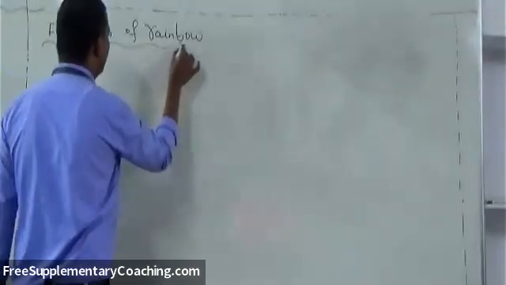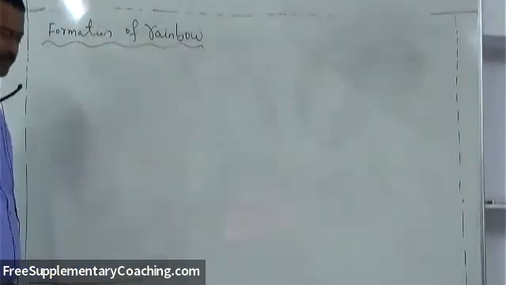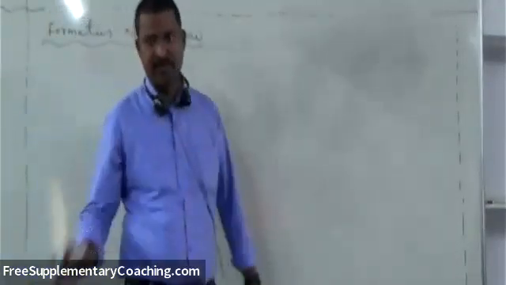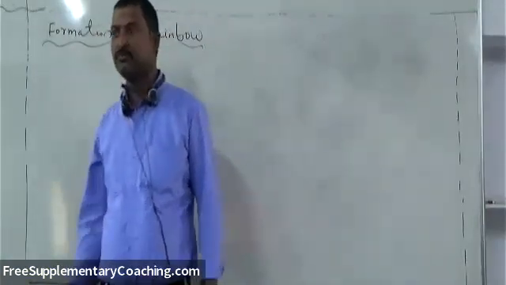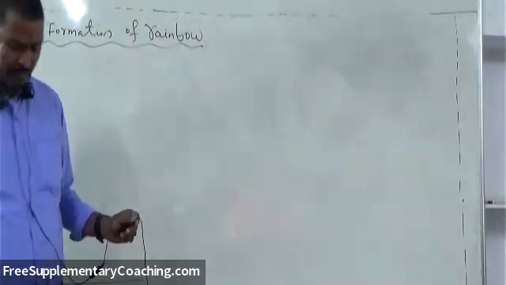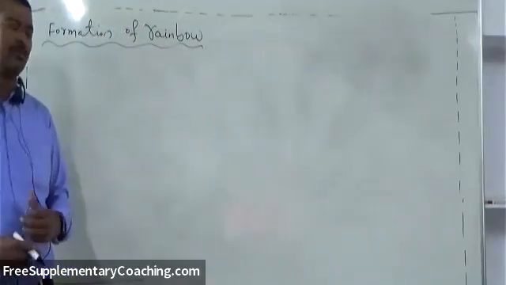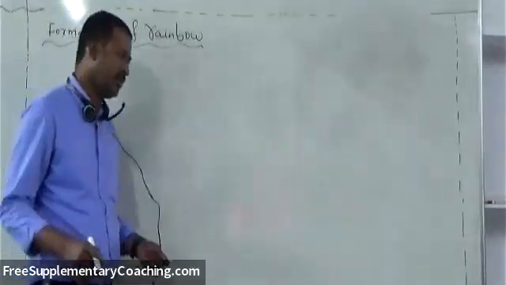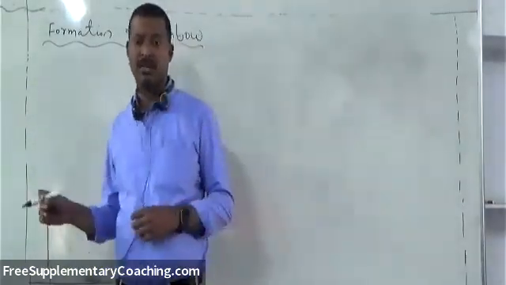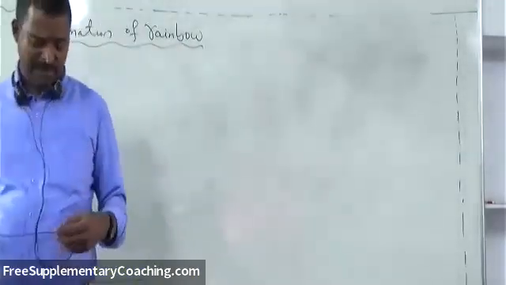Formation of rainbow. Rainbow, you know, it is an arc of 7 colors, right? So generally, when rain is falling and sunlight is also coming from the sun, at that time, what happens?